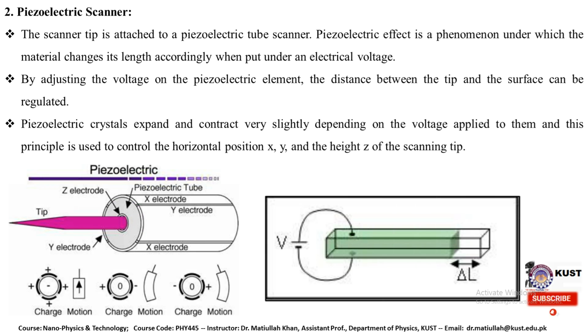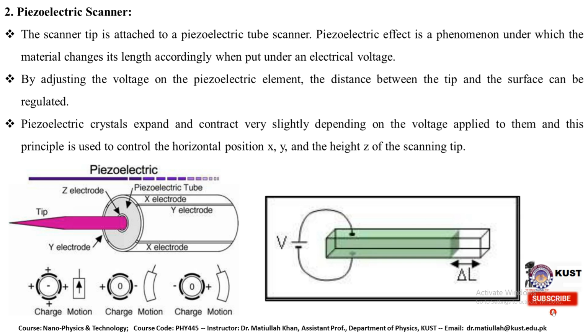So the other part of this STM is the piezoelectric scanner, because we have piezoelectric material in which a potential difference creates some voltage upon stress, or dimensional changes are produced.